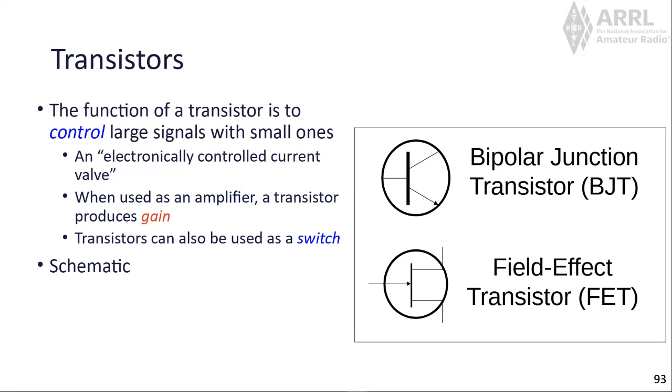You have to have a current flow in a BJT. You only need a voltage present in an FET. All right. The common designator when you see them on a schematic is Q. It would be Q1, Q2, etc.